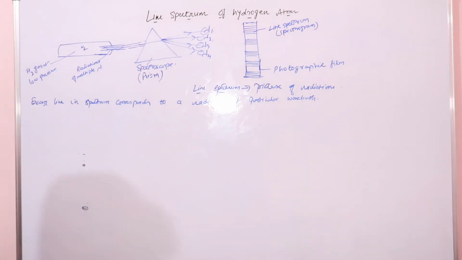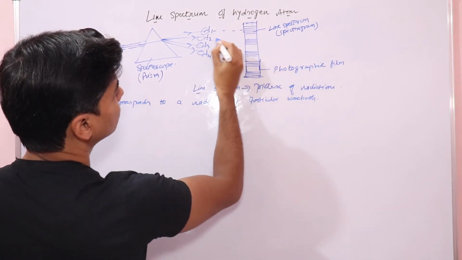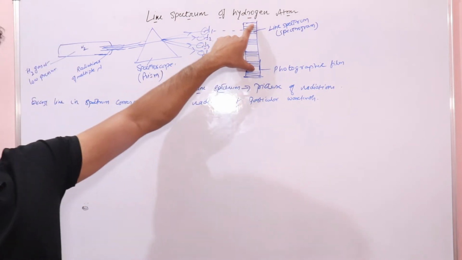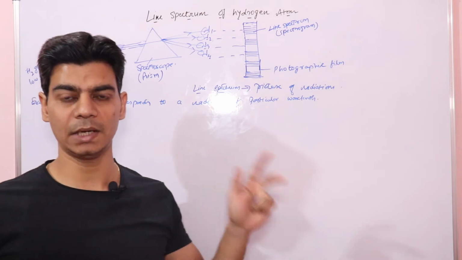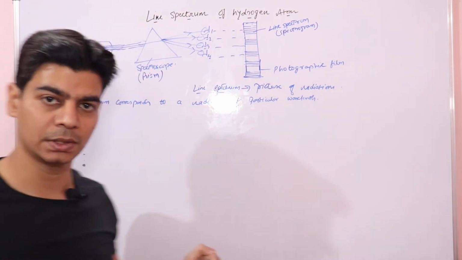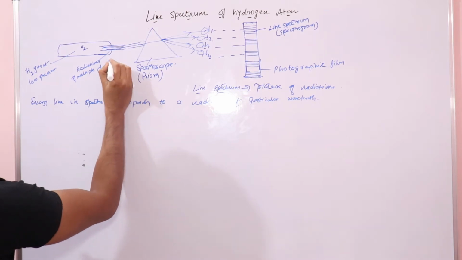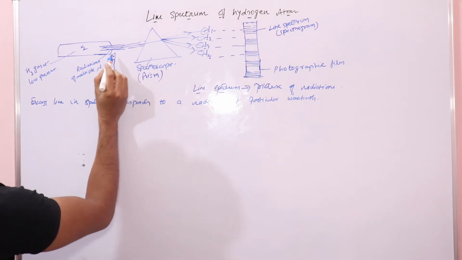One important thing about line spectrum is that it is specific to a specific element. No two elements can have the same line spectrum. For example, if I want to obtain the line spectrum of sodium, I place sodium here and heat it.